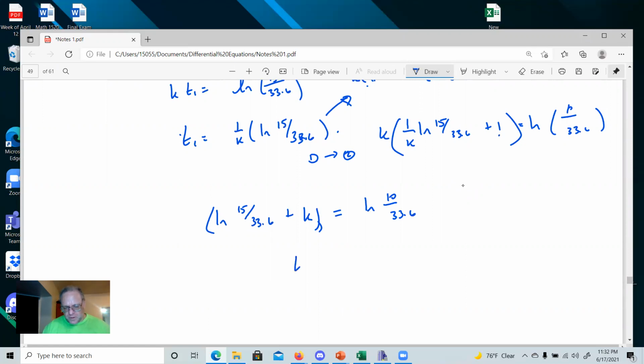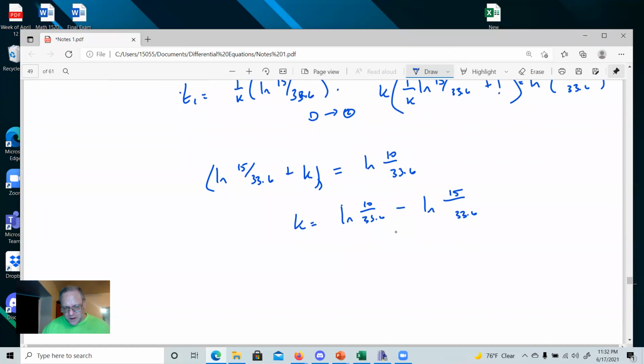So k is equal to natural log of 10 over 33.6 minus natural log of 15 over 33.6. I'm going to be just a little bit clever here. K is equal to the natural log of 10 minus natural log of 33.6, minus natural log of 15 minus natural log of 33.6.